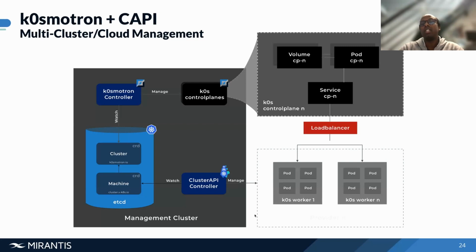Another use case where it is interesting is that you can mix your different environments. Nothing prevents you from having worker nodes, for example, in a given data center, and another worker node in another data center, or a worker node on a physical machine and other worker nodes as virtual machines. As a very simple example, you can have a worker node in Hetzner on a physical machine, and then another worker node in AWS as an EC2 instance, both running k0s and both attached to the same control plane layer, right?